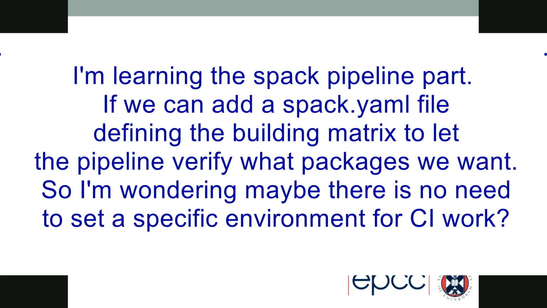I've got another question. I'm learning the Spack pipeline part. If we can add a spack.yaml file defining the building matrix to let the pipeline verify what packages we want, I'm wondering there is no need to set a specific environment for CI work.